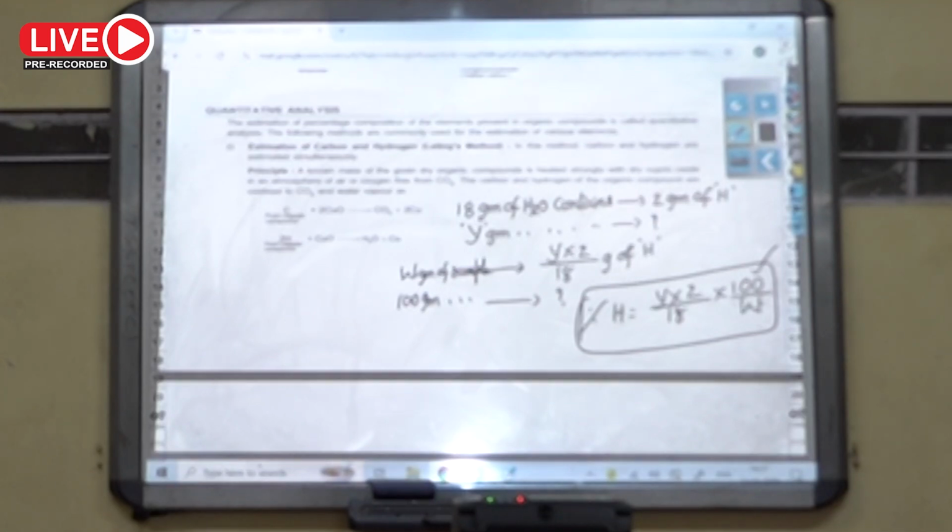And our next heading is estimation of nitrogen. Carbon hydrogen is over. The method we are calling as Liebig's method. Now our heading is estimation of nitrogen.